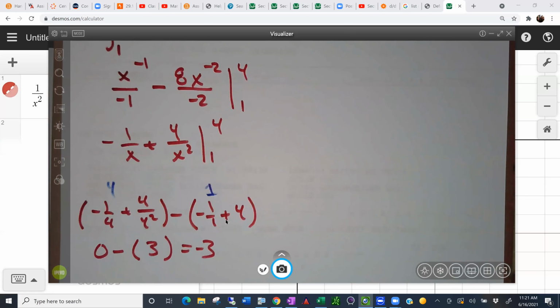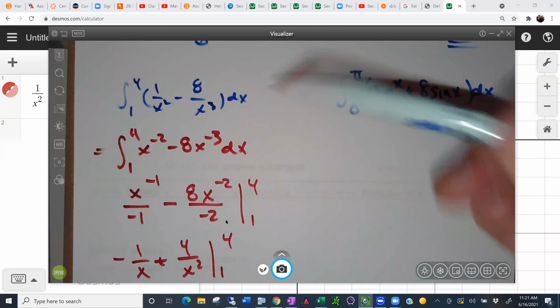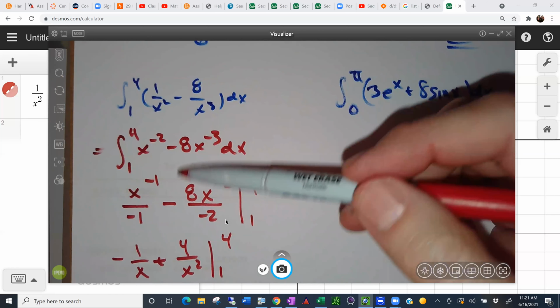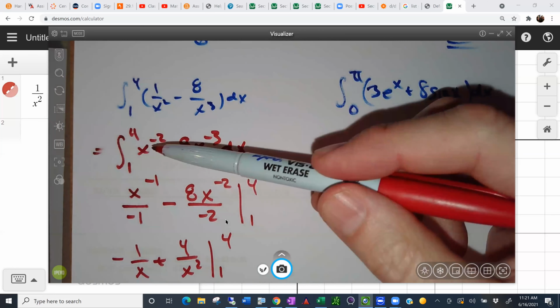Before I move on to our next example, are we okay with things here? Notice that I rewrote this so that I could use what we know about integrating things with exponents. You add 1 to this and then divide by that same exponent. So when I added 1, I got negative 1. Divide by negative 1. Add 1 here, gives me negative 2.